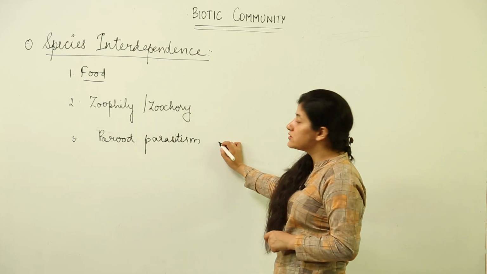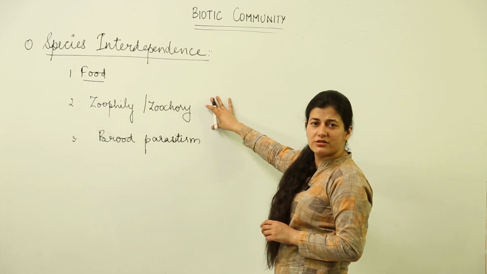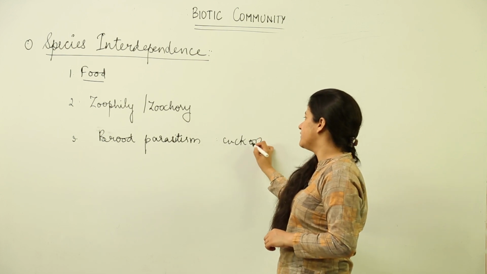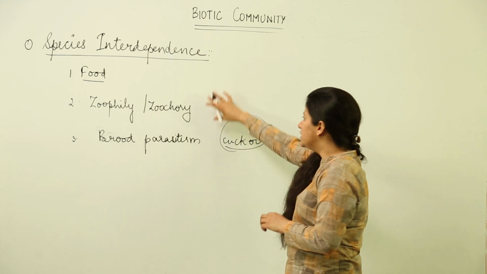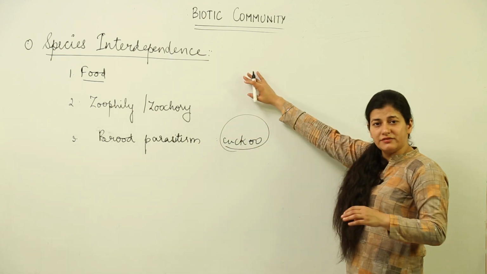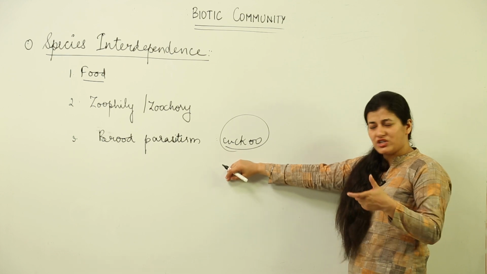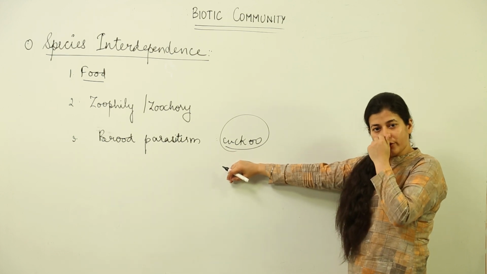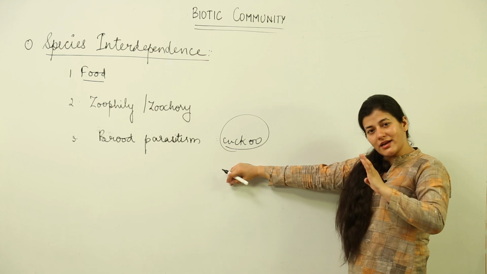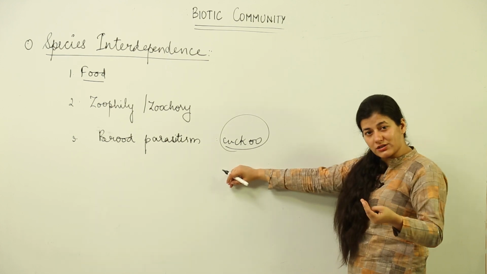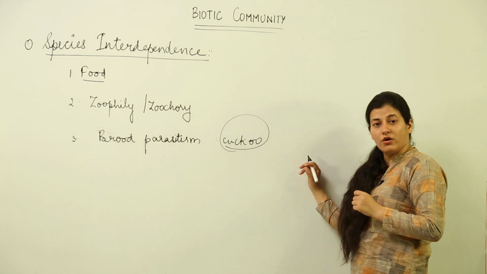So, the example is the cuckoo bird. I am not giving more examples over here because we have special chapters dedicated to these two topics, and food is covered previously already. We have the example of the cuckoo bird, which depends on the nest of the crow. So, they are interdependent. The cuckoo is not going to complete its reproductive cycle if it does not depend on the nest of the crow.